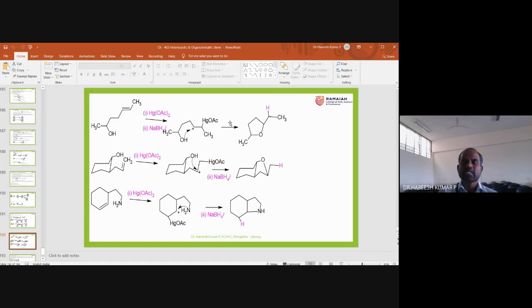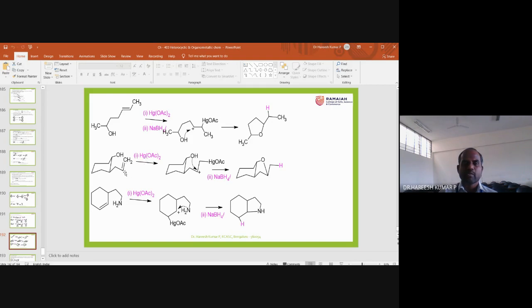And at this stage, sodium borohydride is used. So when sodium borohydride is used, HgOAc is replaced with H. That is how the product is obtained. Similarly, this is the compound. First there will be a new bond formation between this carbon and this Hg.